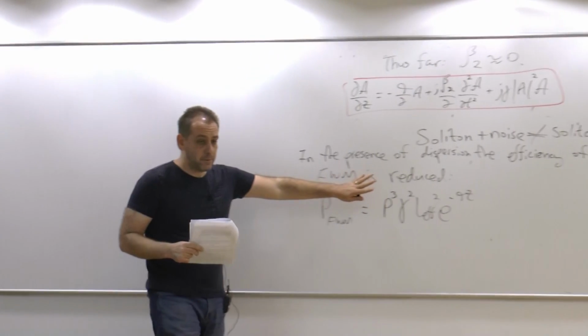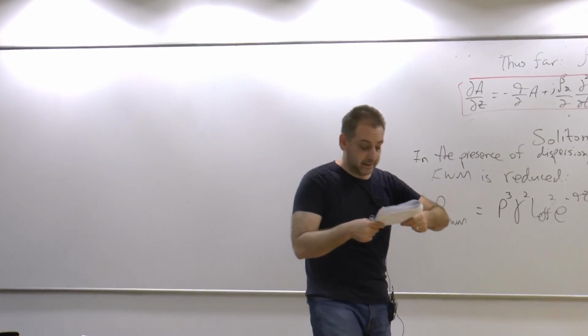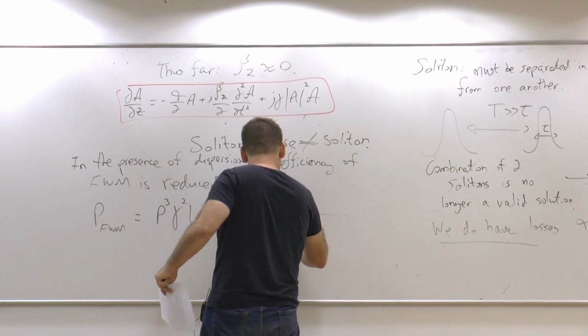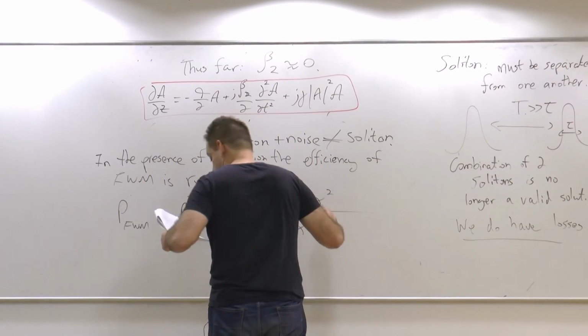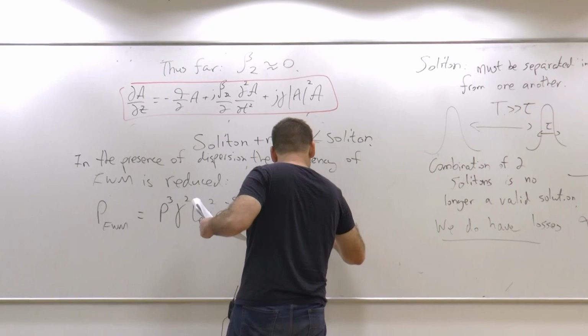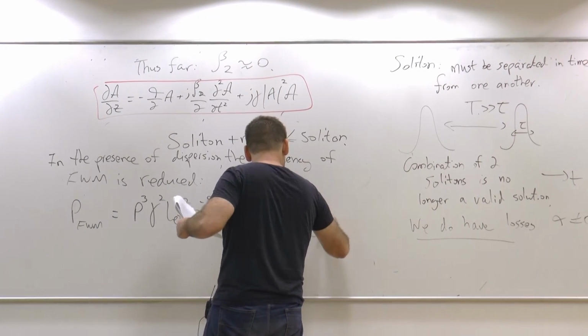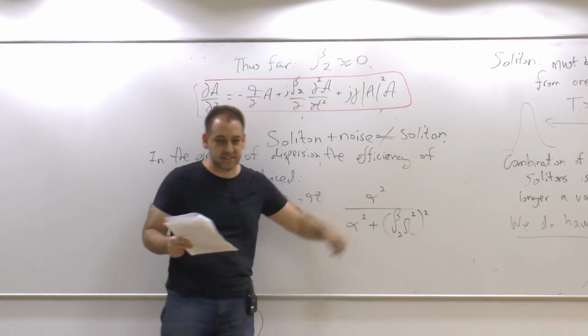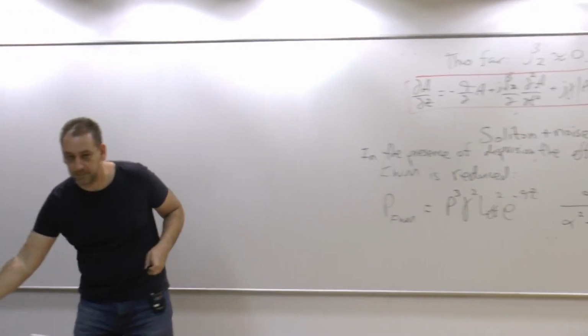So this is what we had before, but there will be another factor like this. Loss coefficient squared divided by this term here, beta 2 omega squared squared. There is something else here that I'll just skip for the sake of simplicity.